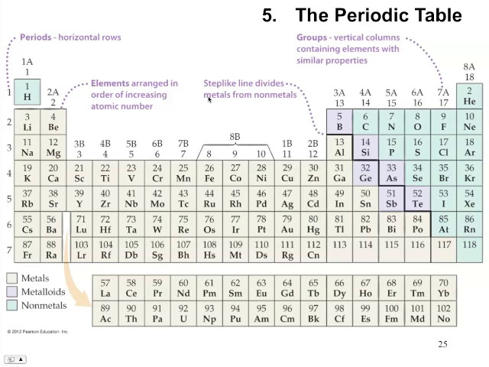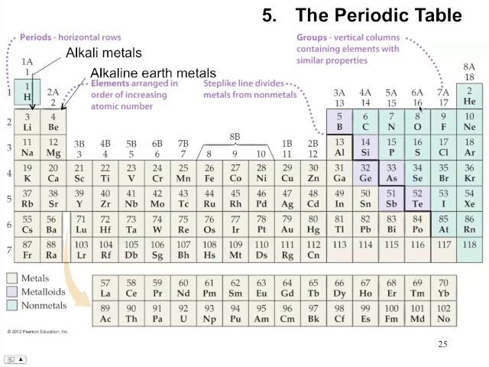In addition, the elements are organized in terms of columns, right? The vertical columns are called groups, and some of them have common names that you need to know. So for example, the group 1 elements, excluding hydrogen, are called the alkali metals. The group 2 elements, from beryllium on down to radium, are called the alkaline earth metals.